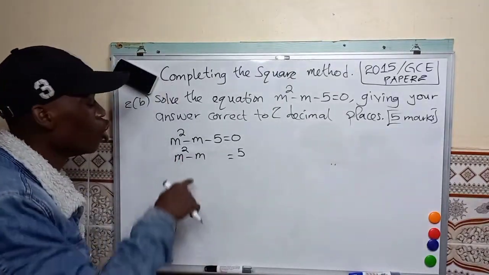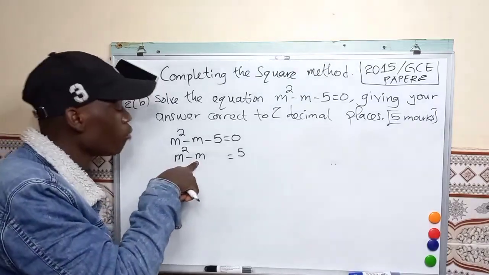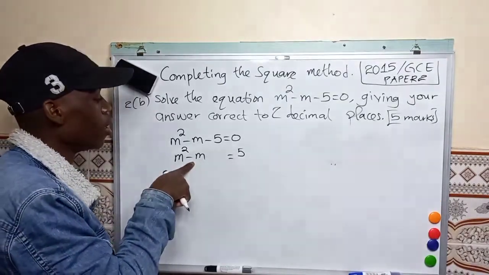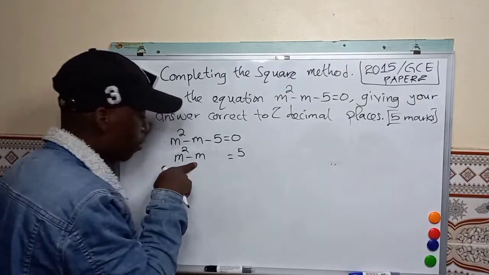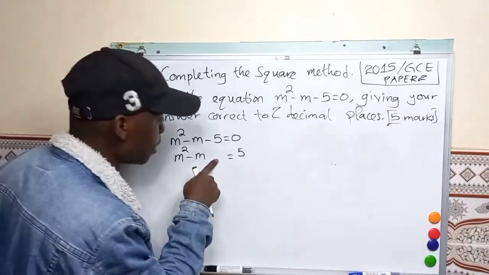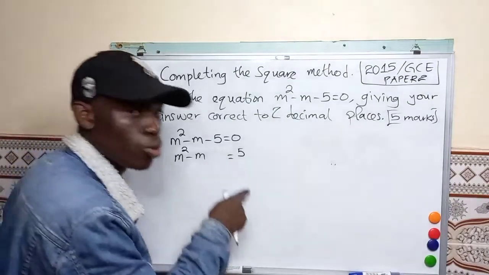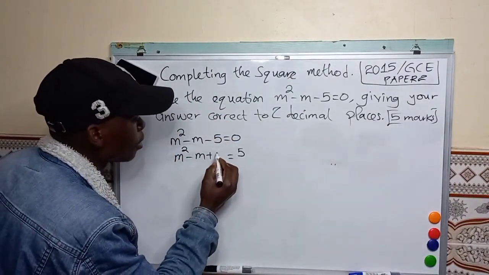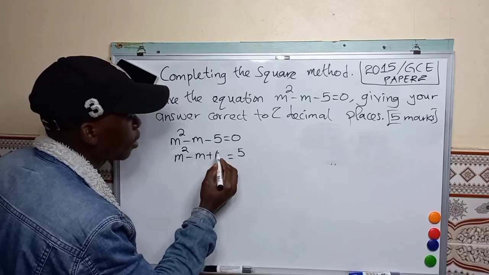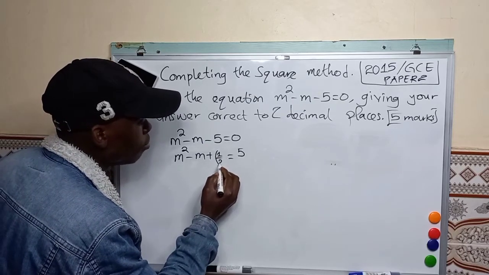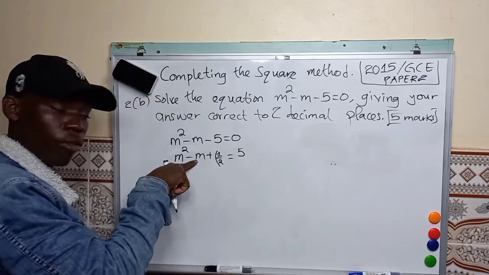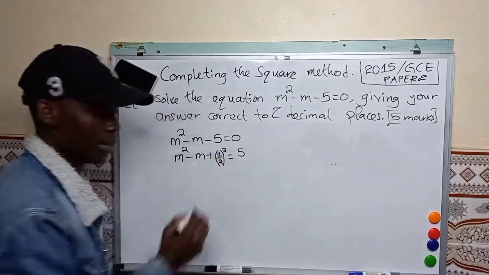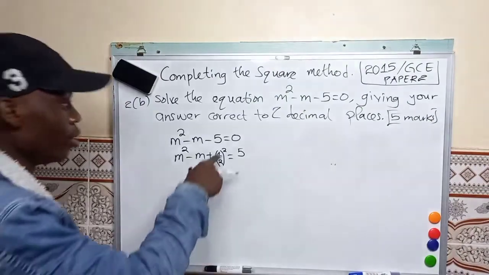So what do you do? You look at the coefficient of m. The coefficient of m is negative 1, but we're going to take the positive 1. This coefficient of m, you divide it by 2 and you square it. So how are we going to do it? This would be plus, you open your bracket, 1 divided by 2, because the coefficient of m is 1, then you square it.